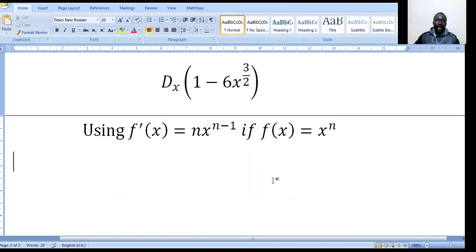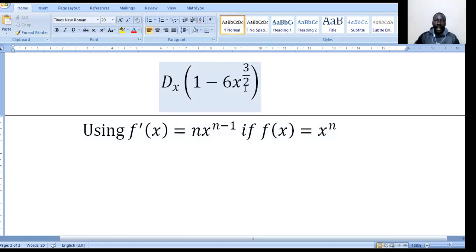All right, so what we are saying here is if the function we are differentiating is a function of x given by x raised to n, x with the exponent n, x with the power n, then the derivative of this function is going to be n times x exponent n minus 1.